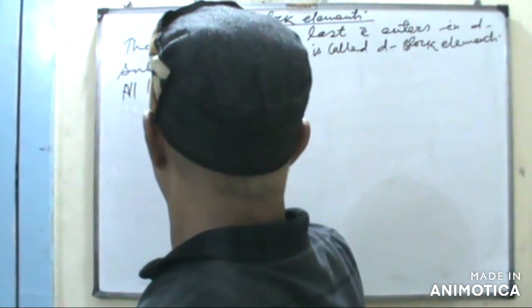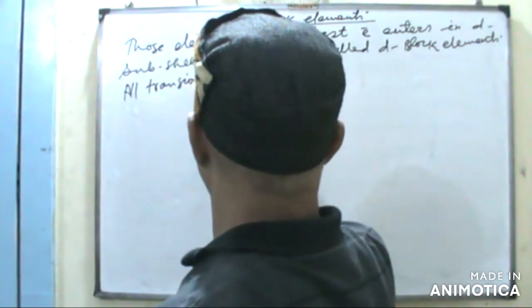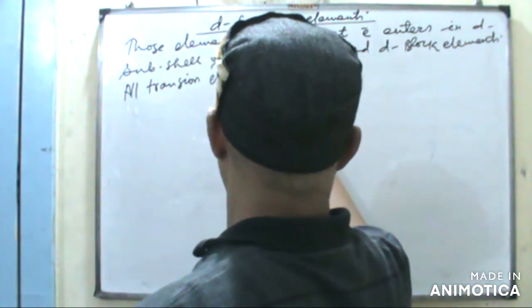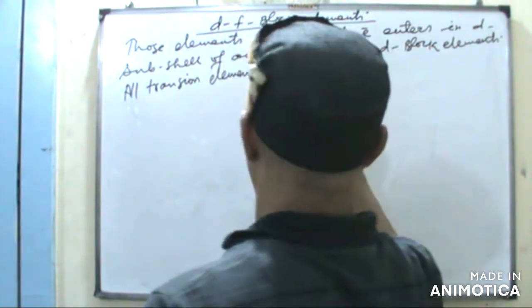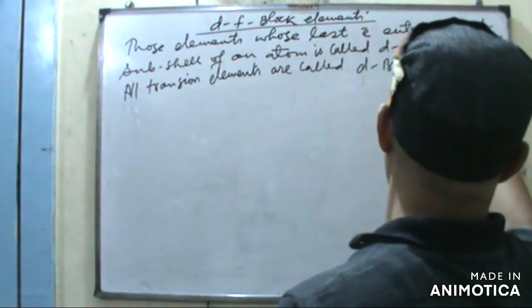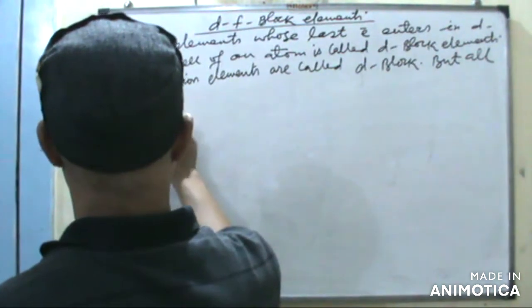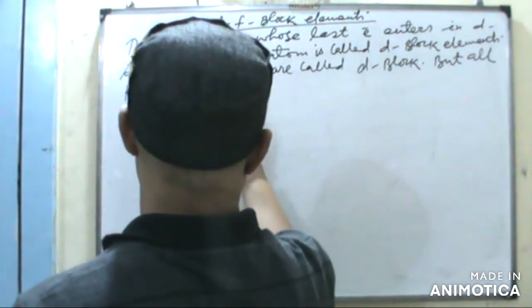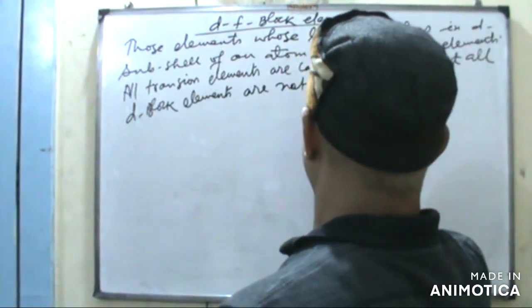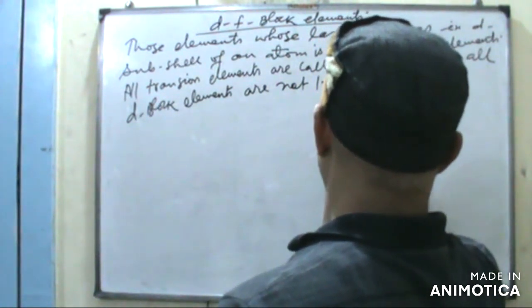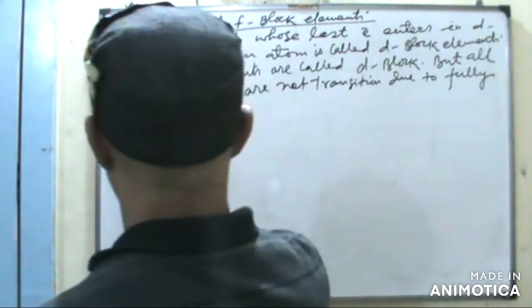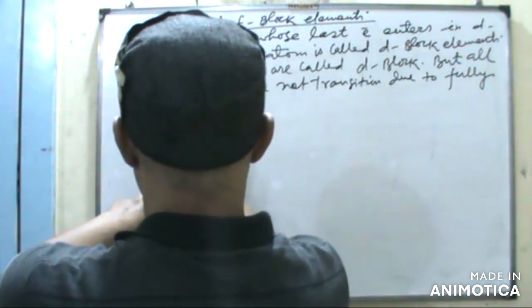All transition elements are called D block, but all D block elements are not transition elements, due to fully filled D orbital.